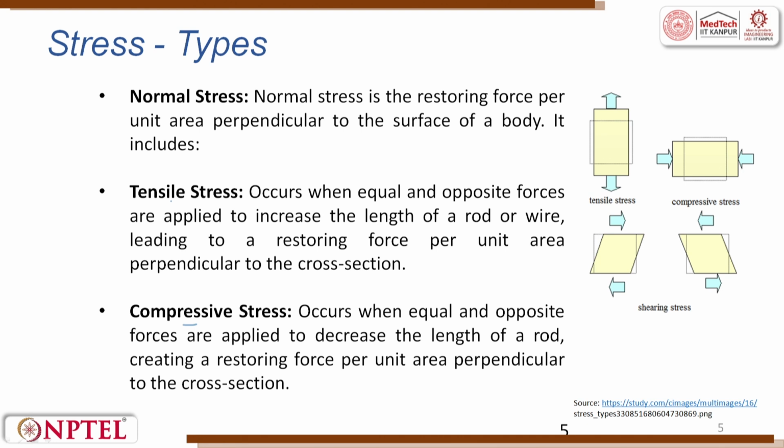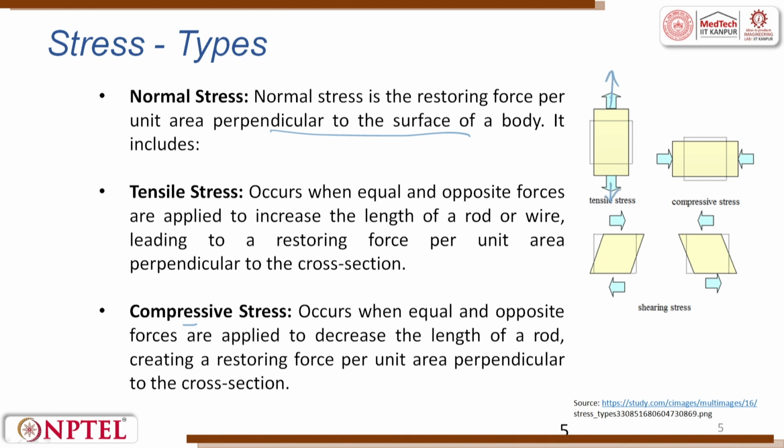Stress types. There is a normal stress, which includes tensile and compressive. Normal stress is the restoration force per unit area, which is perpendicular to the surface of the body. It includes tensile stress. Tensile is when you have an object and you try to pull in both directions.